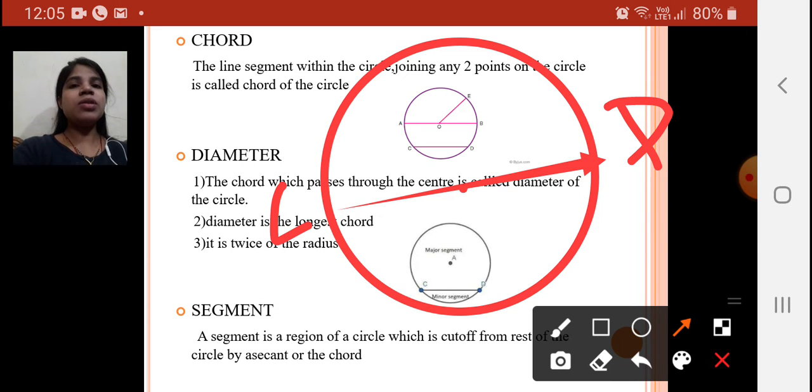A diameter of the circle is actually the longest chord, है ना?